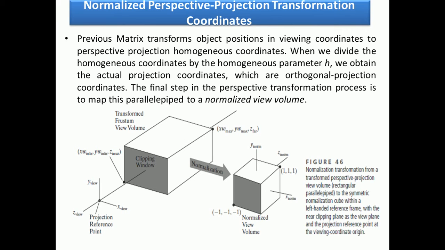It is clearly shown in figure 46, the normalization transformation from a transformed perspective projection view volume to the symmetric normalization cube within a left-handed reference frame, with the near clipping plane as the view plane and the projection reference point at the viewing coordinate origin.